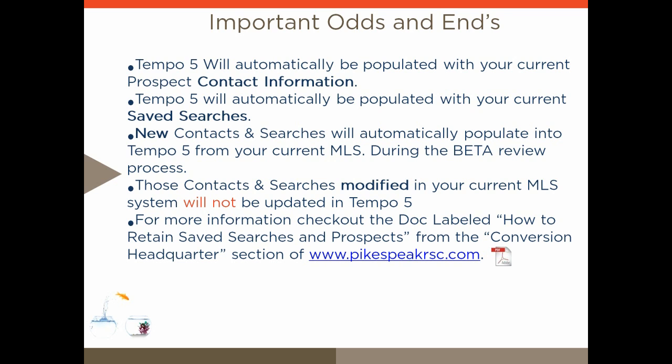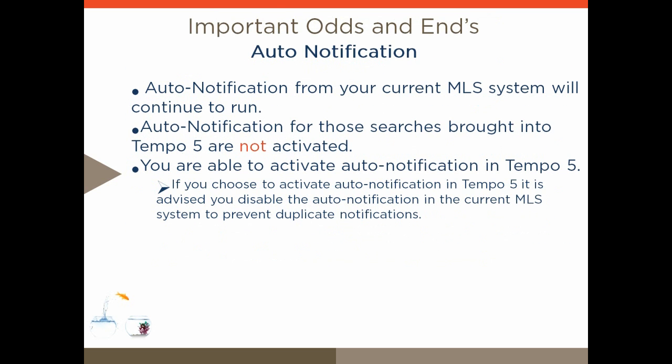The one related to this particular workshop is labeled How to Retain Saved Searches and Prospects, and that's going to give you a lot of background information on what's going to happen during the beta test period regarding your prospect saved searches.